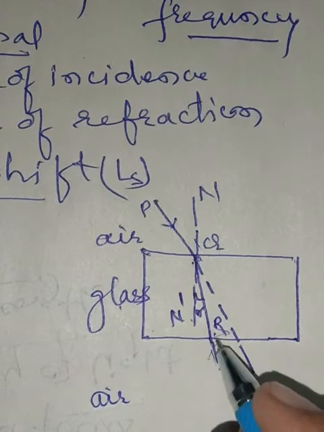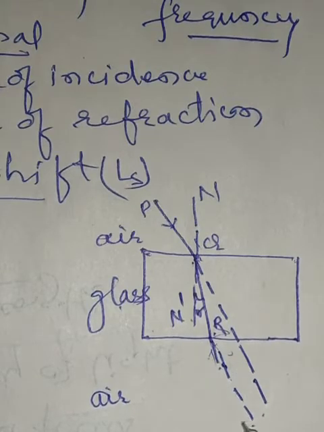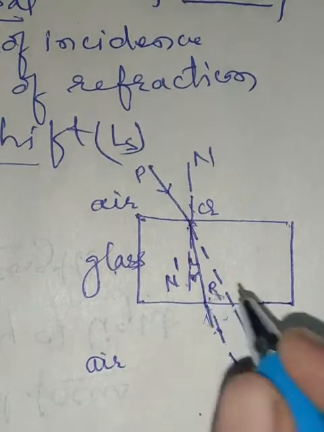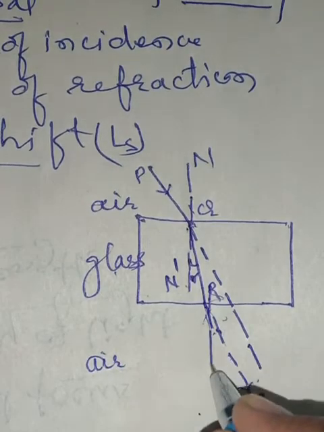This is the angle of refraction. RS is taken as the refracted ray, and this is the normal.